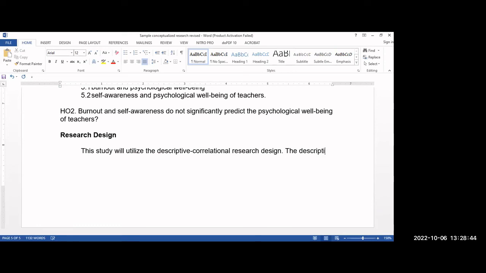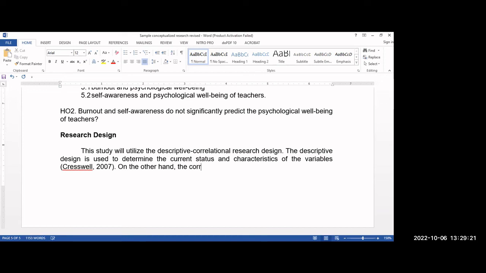So the descriptive design is used to determine the current status and characteristics of variables. You cite the author, kunyari, Creswell, 2007. On the other hand, the correlational design, kasi dalawa.